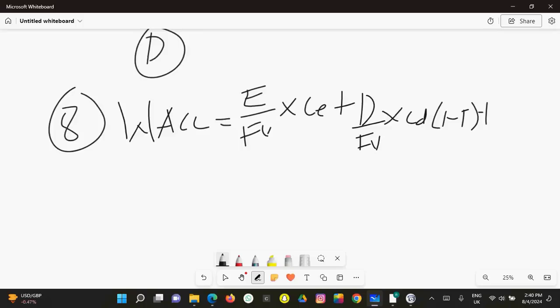And then here we have preference share, so preference share over the firm value times the cost of preference share. So that's what we are going to do now.